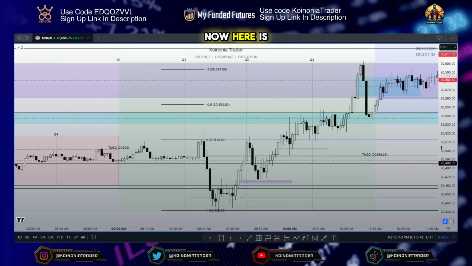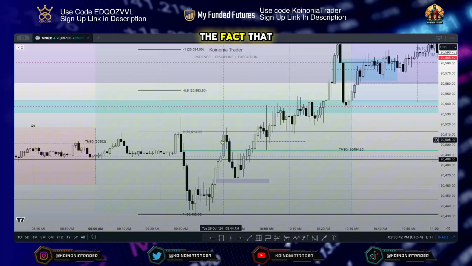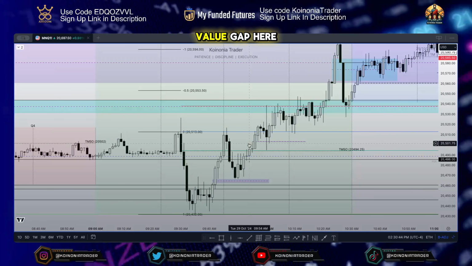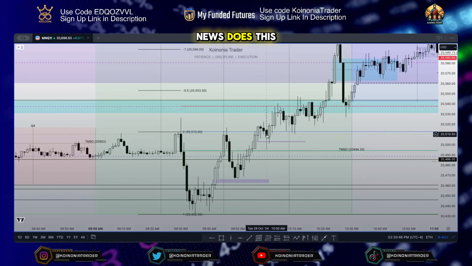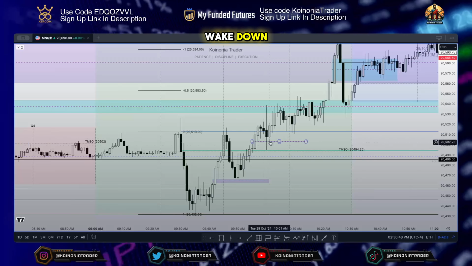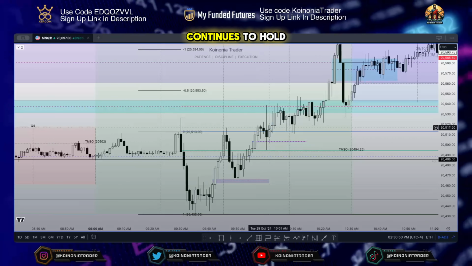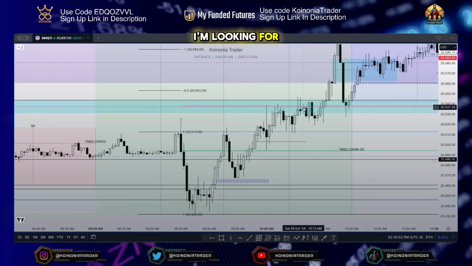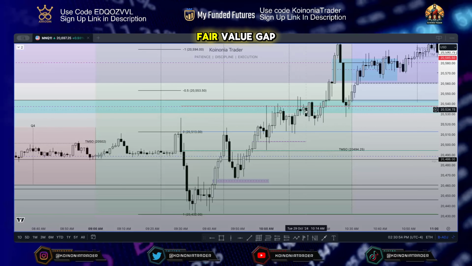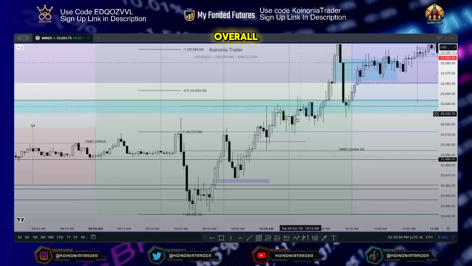Now, here is where we see the fact that we had a 1-minute fair value gap here. News does this massive wick up, wick down, but we do not invert that. It continues to hold here. I'm looking for a bullish fair value gap to get invalidated overall.